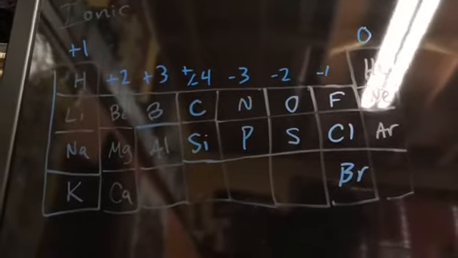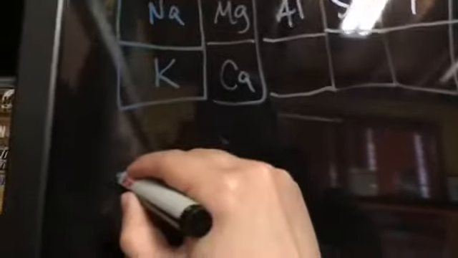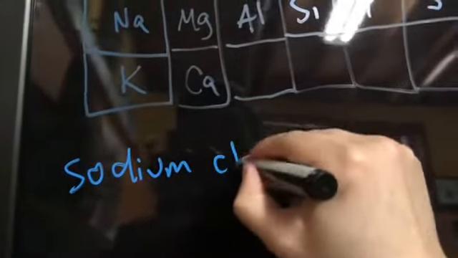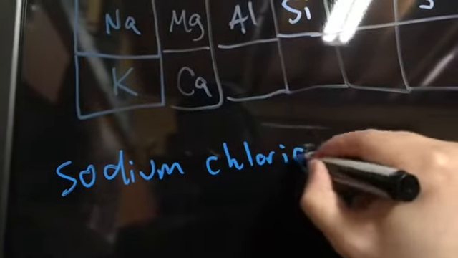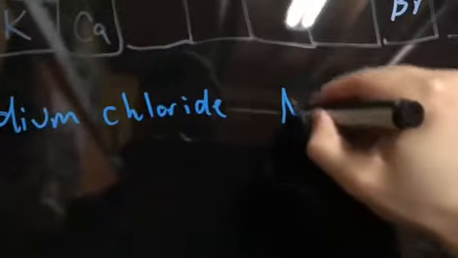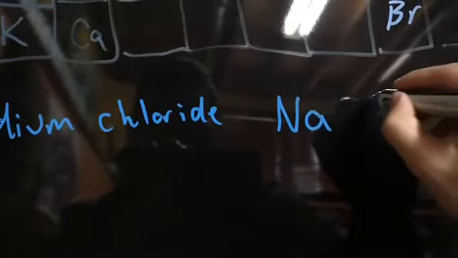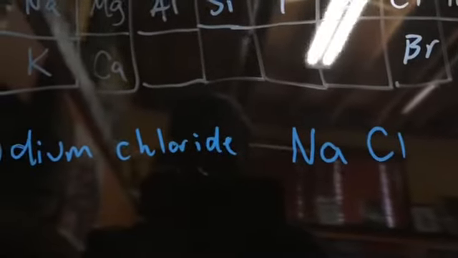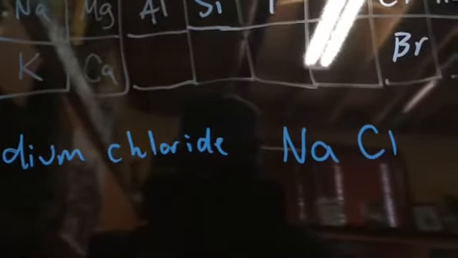So how can we use this information to name ionic bonds? Well, if we take, for example, sodium chloride, and remember sodium chloride is NaCl. But how do we know that it's NaCl without drawing the diagrams?